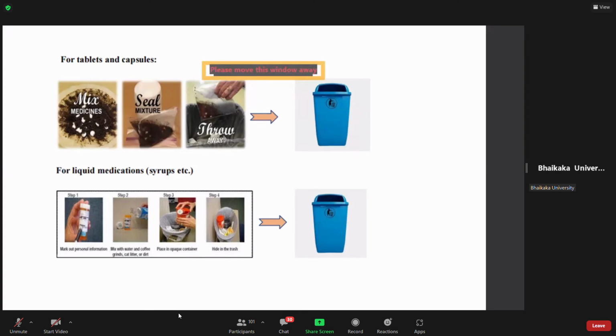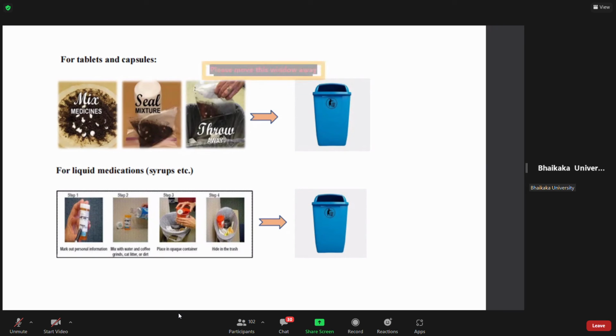If the medicine is a liquid dosage form like syrup, suspension or elixir, then first of all, you have to mark out the personal information written on that medicine bottle. Then you have to mix the remaining medicine with some undesirable substance, or you can just add water to dilute the medicine.